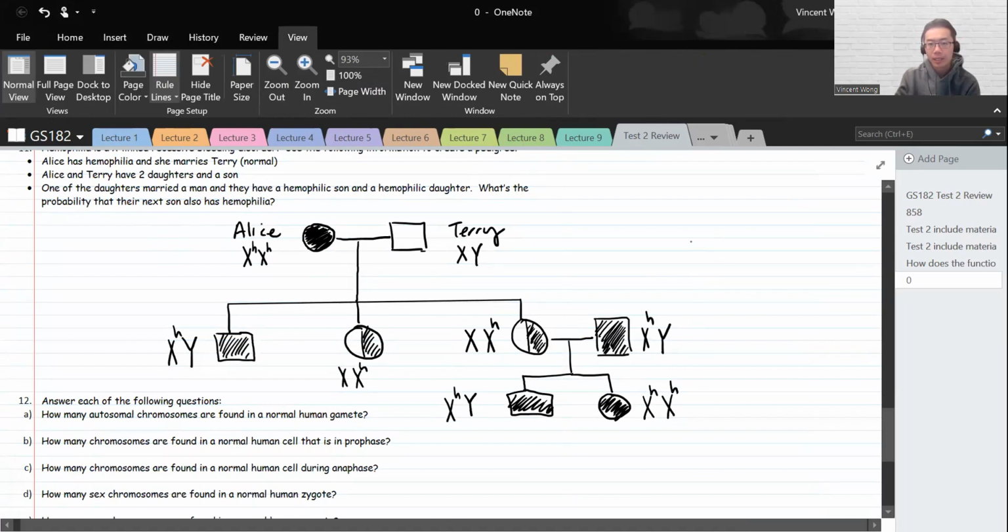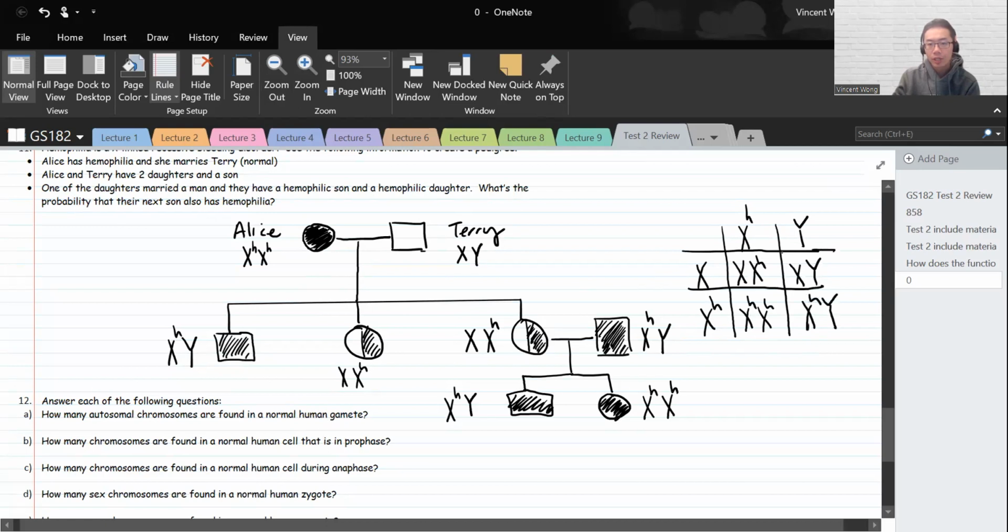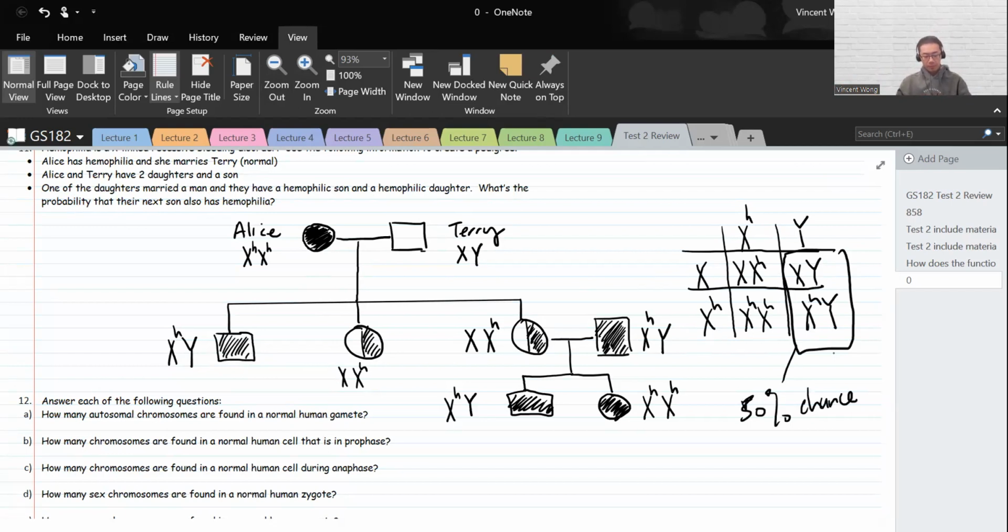So we can go ahead and do the Punnett square to figure it out. We put the X XH here, XH Y. So if you look at just the sons, there's a 50% chance the next son will have hemophilia.